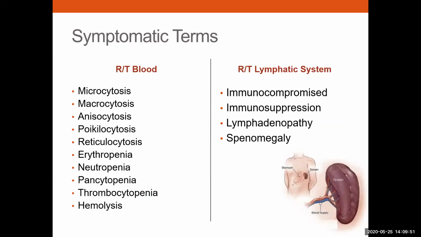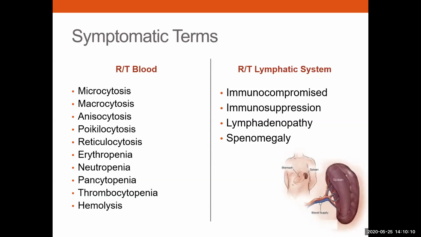And then terms related to lymphatic system: immunocompromised is somebody that has impaired immunologic defenses caused usually by some disorder or therapy that's going to reduce their immune response, which is very similar to immunosuppression, where there is impaired ability to provide an immune response.